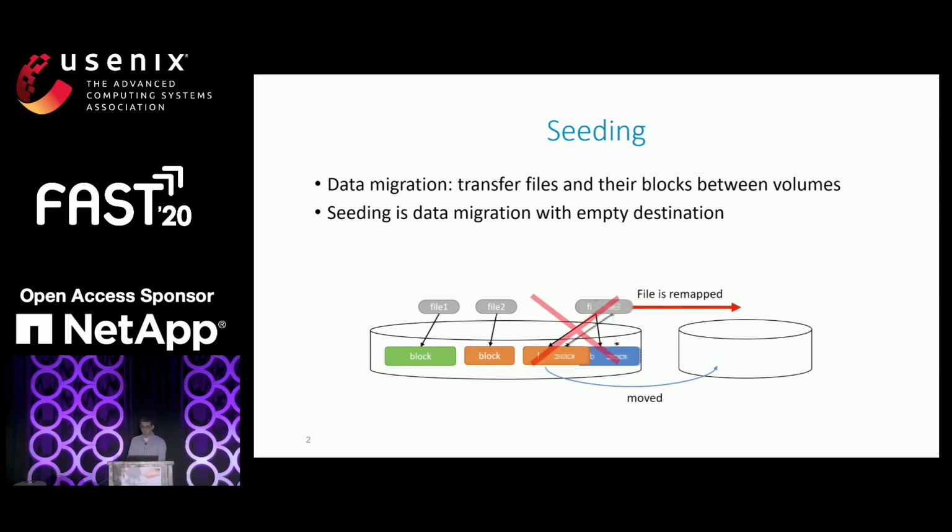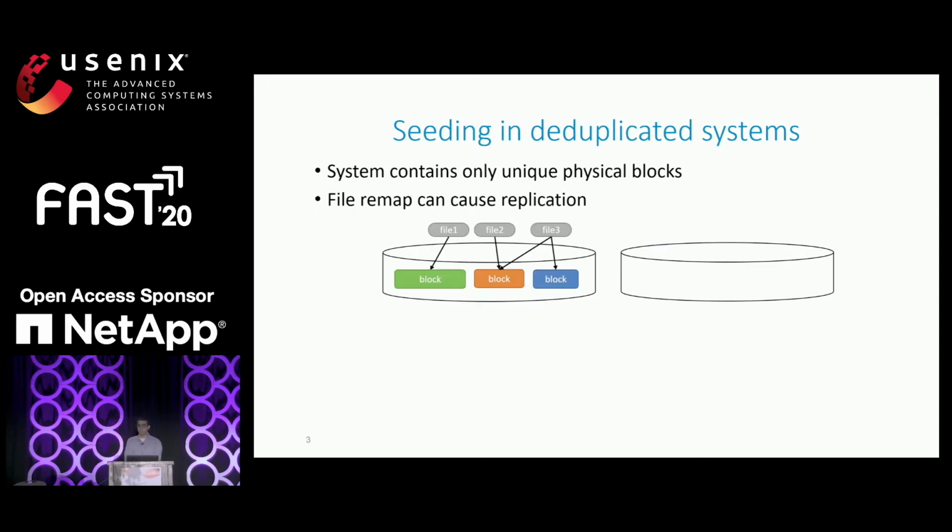In deduplicated storage, we save only a single copy of each physical block. And then a certain block can be associated with more than a single file.